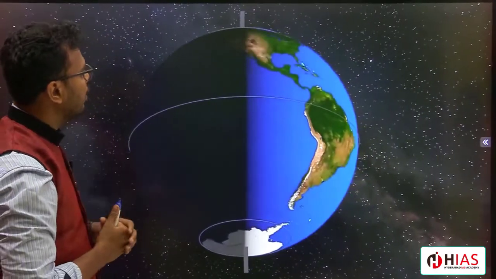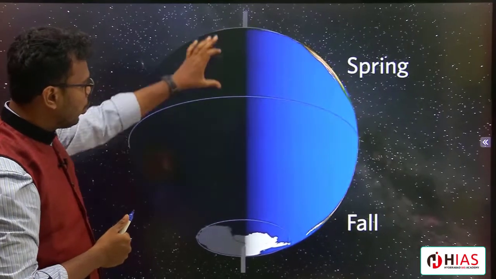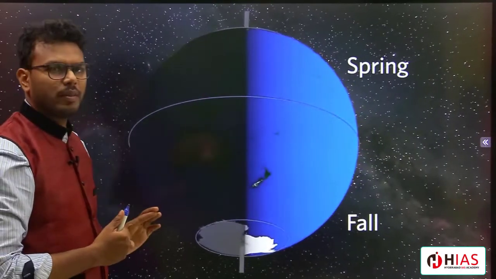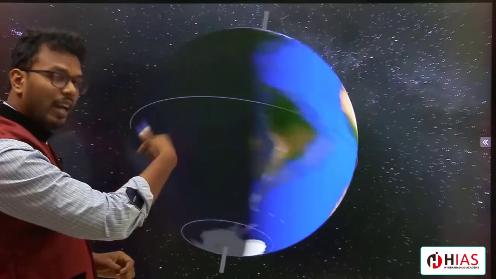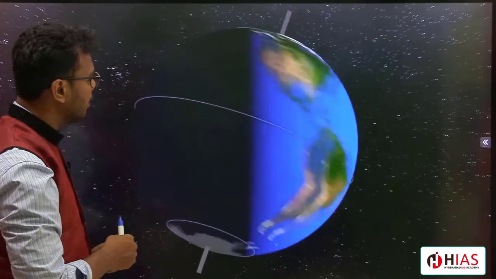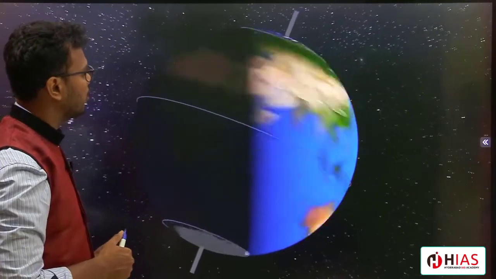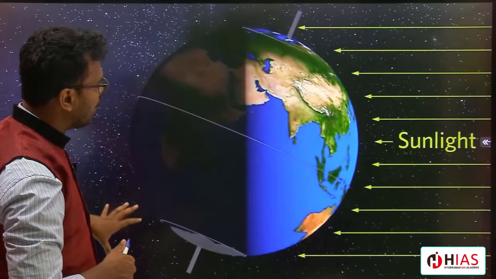And now you can see two places, North Pole and South Pole. Both of them are under the sunlight. This is another example. I'll tell you by drawing the image in a manual manner, but before that you just see that one. Now see, exactly reversal is happening.